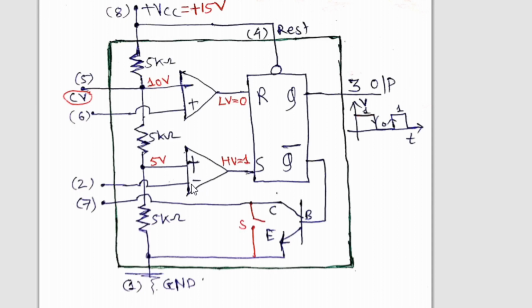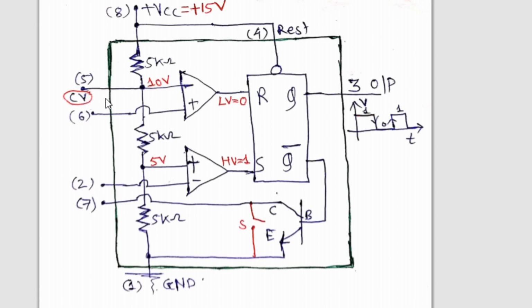Let us take the inverting pin of the lower comparator, that is pin number 2, because this is the second comparator and this is its second pin, called pin number 2. This is the control voltage, which is called pin number 5, CV.